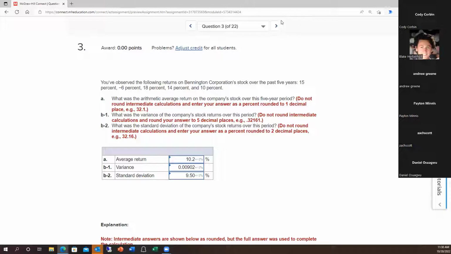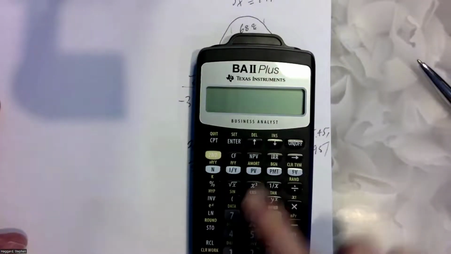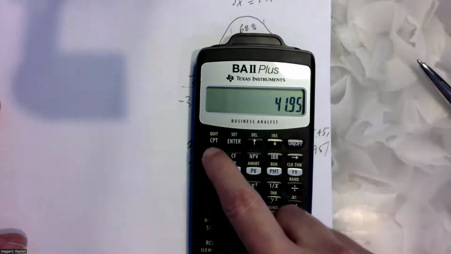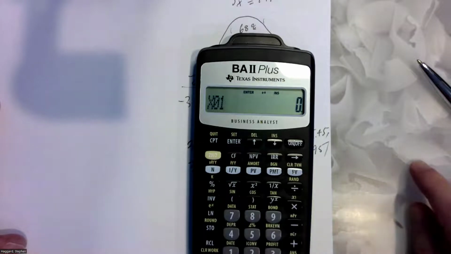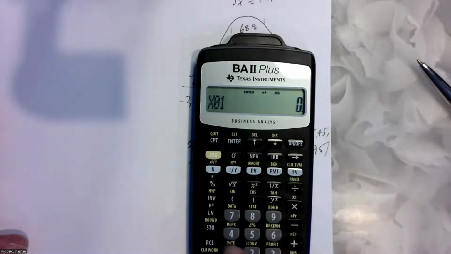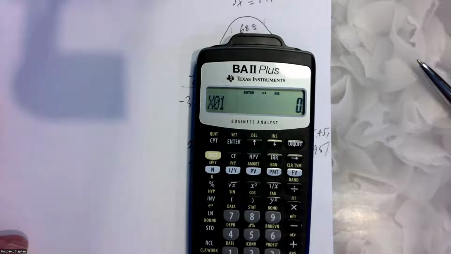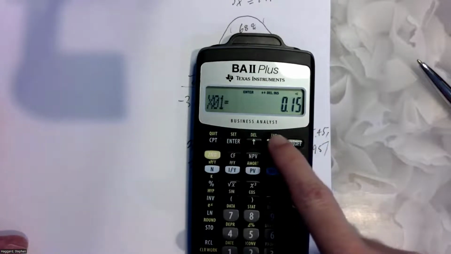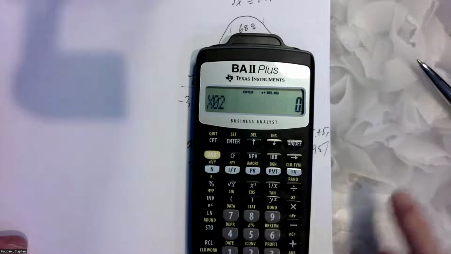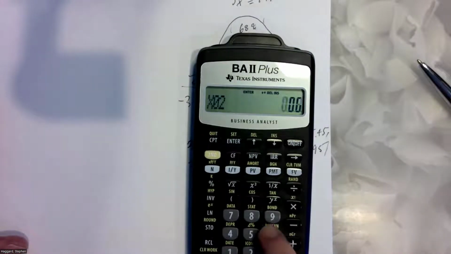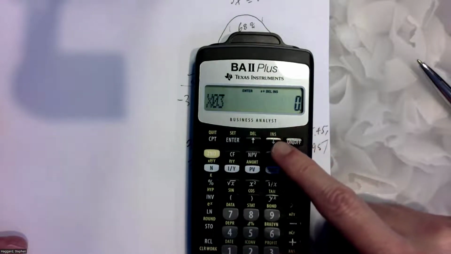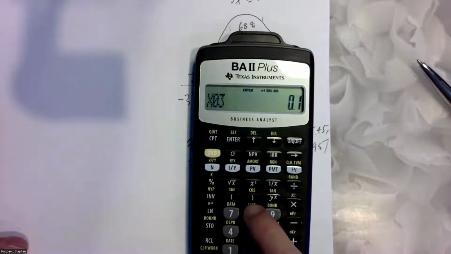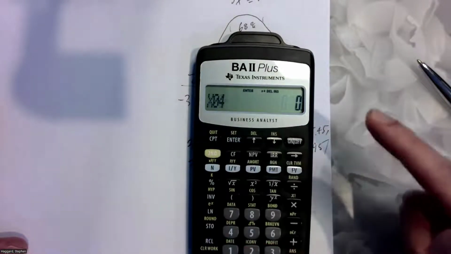So here's what I would do for this one. I would go to my calculator and I would say, first of all, second data, second clear work. And now we have x01 is 0.15, enter, arrow down, x02, negative 0.06, enter, arrow down, x03, 0.18, enter, arrow down.